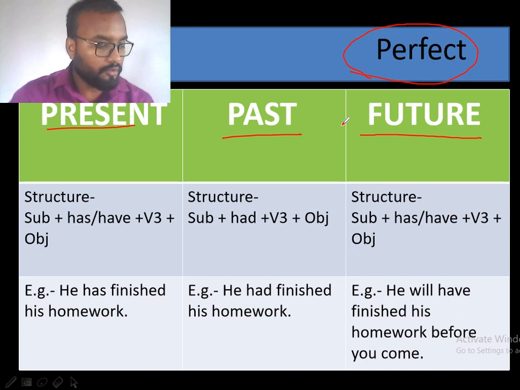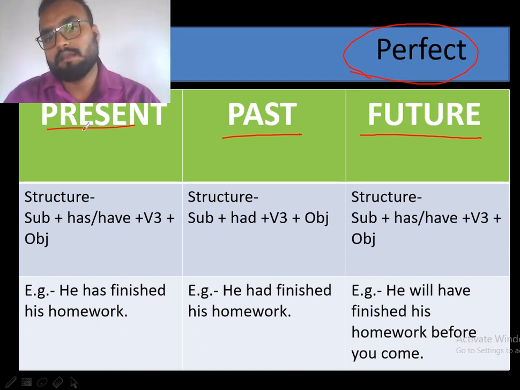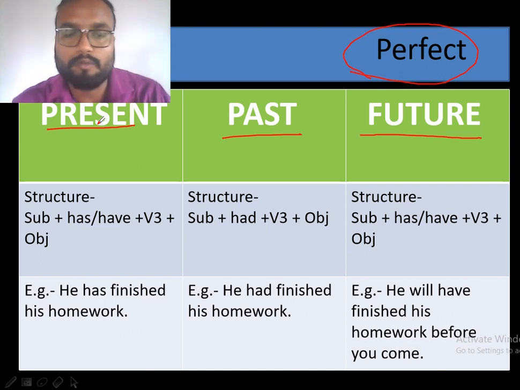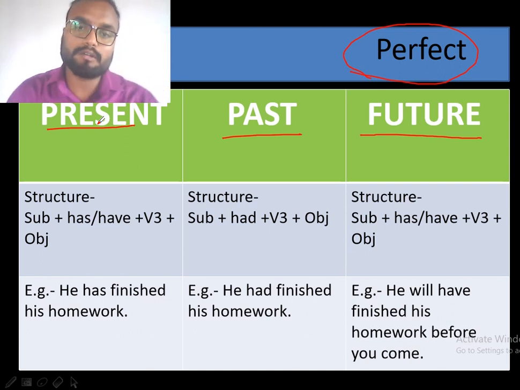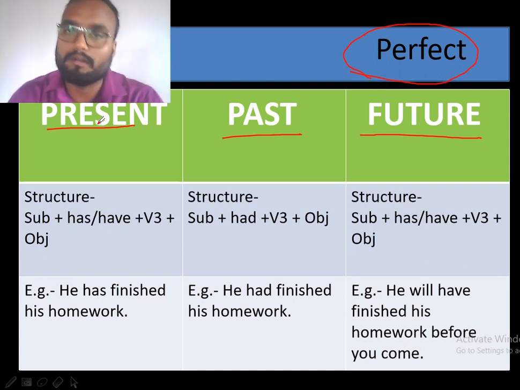Now in the case of present tense, it indicates the action which has completed. So you can say that then it will become past tense. But I tell you, this present perfect is a mixture of past and present. Why past and present? Your mother asked you, have you completed your homework? You said, yes, I have completed my homework.